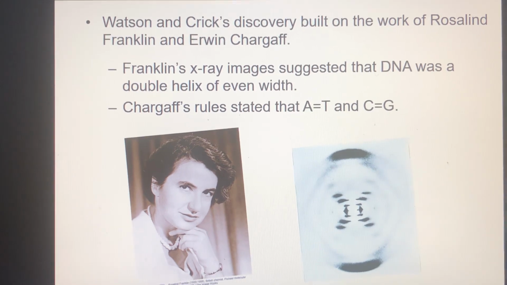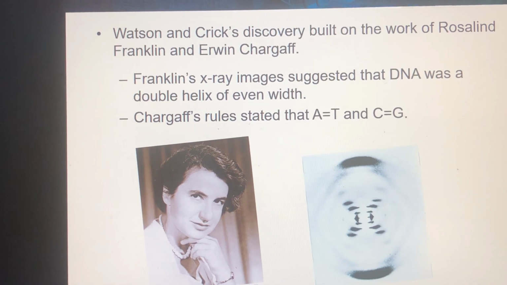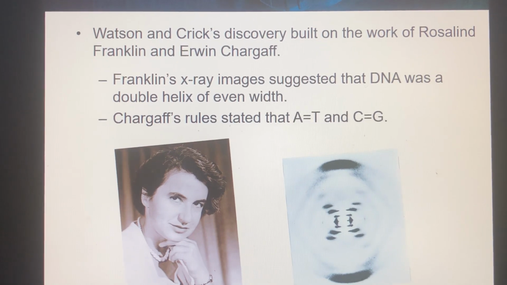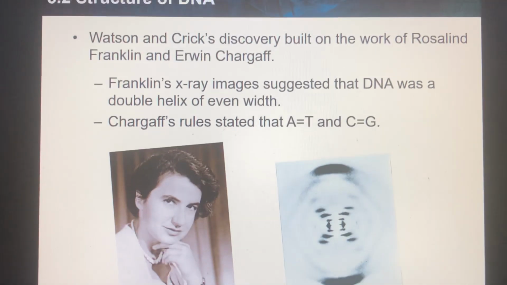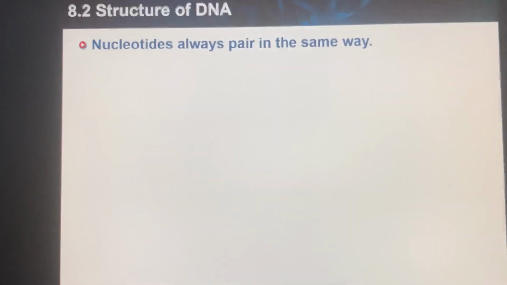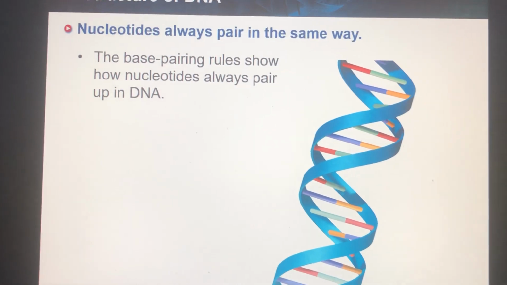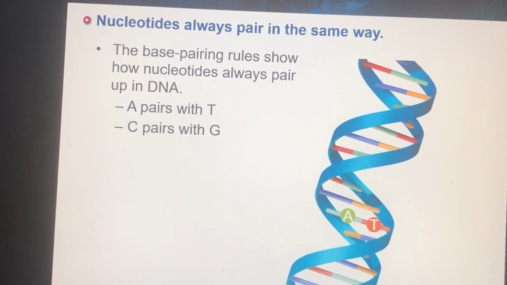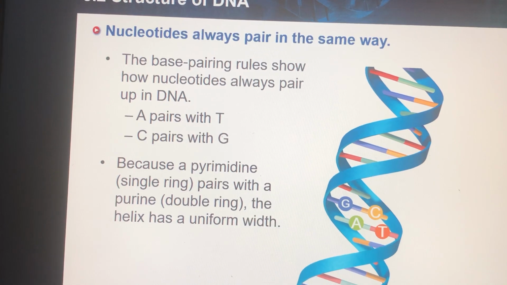Because actually, according to Chargaff's rule, A equals to T and C equals to G, so of course there is pairing between A and T and pairing between C and G. Look, they called this idea the base pairing rule. This is the base pairing rule. A pairs with T, C pairs with G.